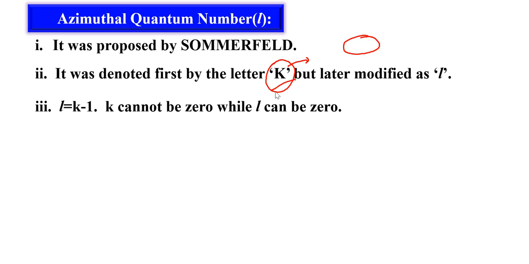This K is outdated now. The K is given as L only. Initially K was there. K was never 0. K started from 1 only, like the principal quantum number N. That's why there was some confusion, so they removed K and kept L.